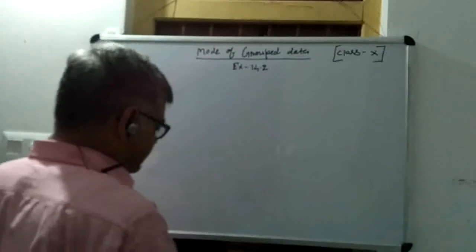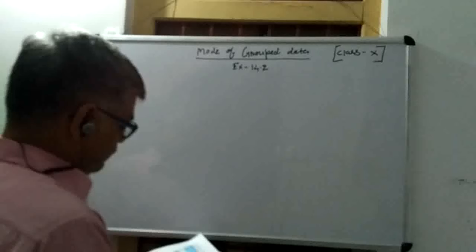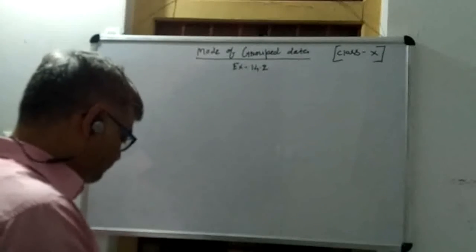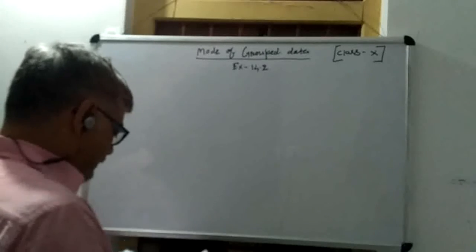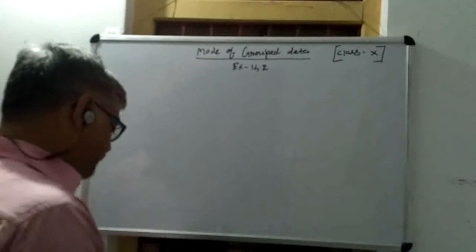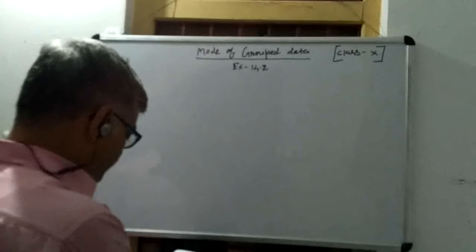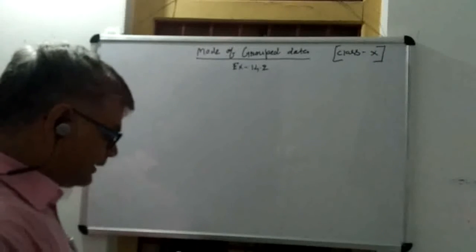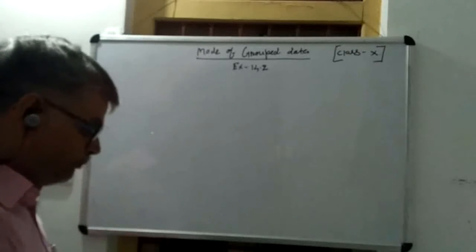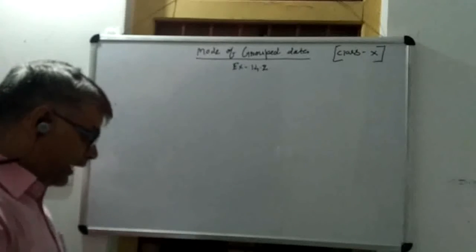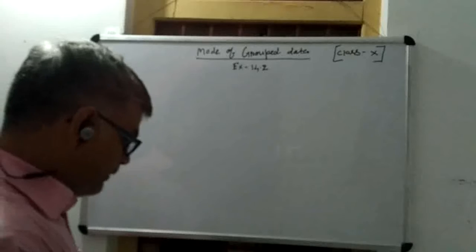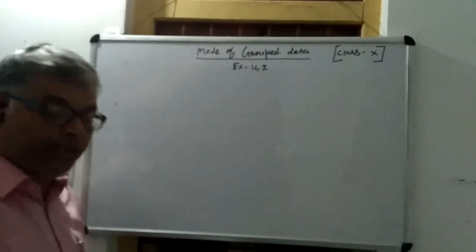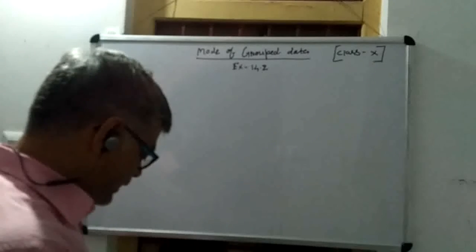Now see exercise 14.2, whose first question is: the following table shows the ages of the patients admitted in a hospital during a year. Ages are given as class intervals, and the number of patients is given as frequency.